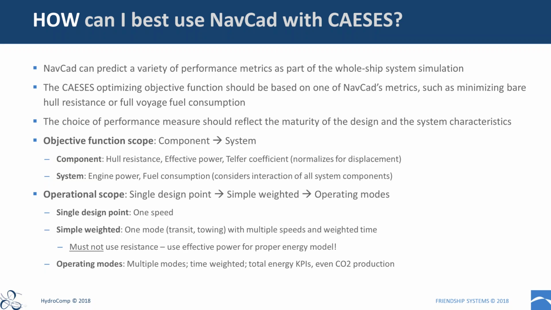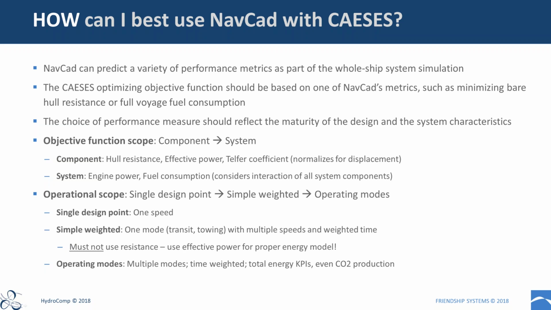So with the objective function scope, we talk about components leading through to system. Component optimization metrics might be hull resistance or its equivalent effective power. And we'll want to keep that in mind. Telfer coefficient is one that we use frequently because it normalizes resistance for displacement. It's the equivalent of a resistance weight ratio, except that it's truly a non-dimensional coefficient, so it's unit-independent.